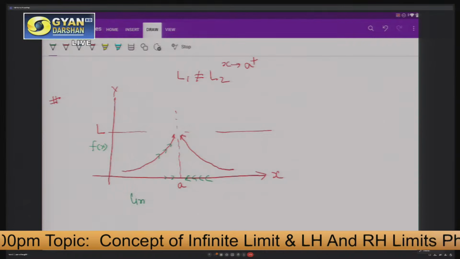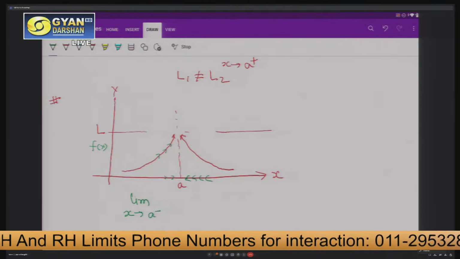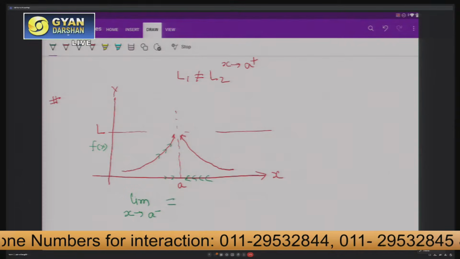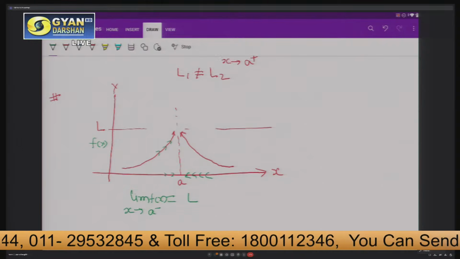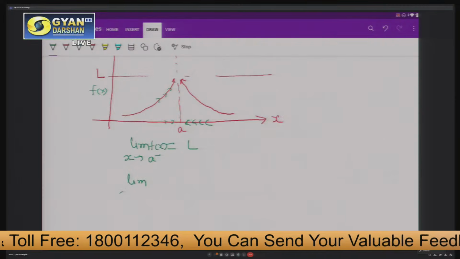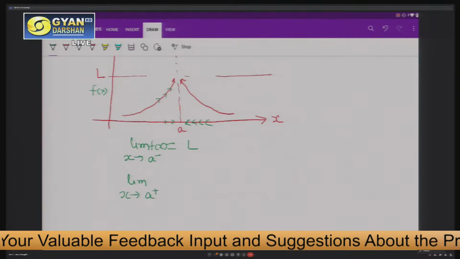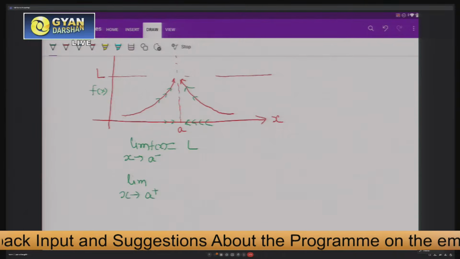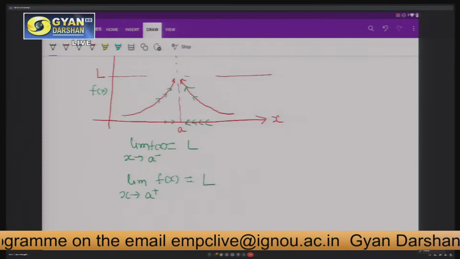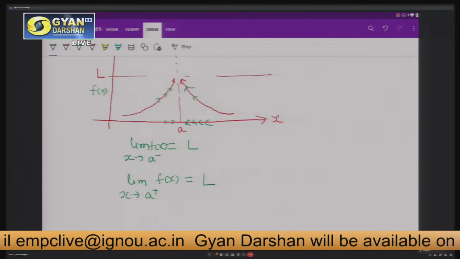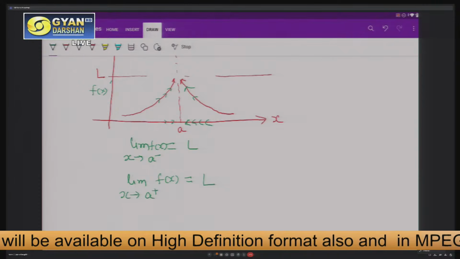So x tends to a minus, this is left side, it is equal to L, and if it approaches from the right side, from this side, the value of f(x) approaches towards the same value L. So both are equal.